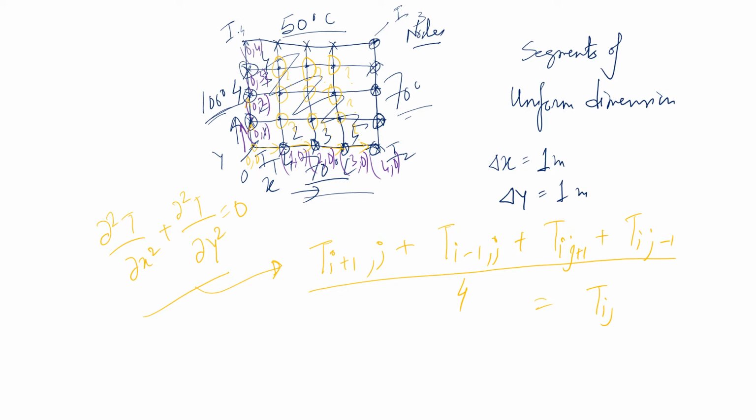Okay, now we have to know what is the temperature at this point. This is your T. What is the temperature at this point? So this is your T11. X is 1, Y is 1, that means i is 1 and j is 1 also.